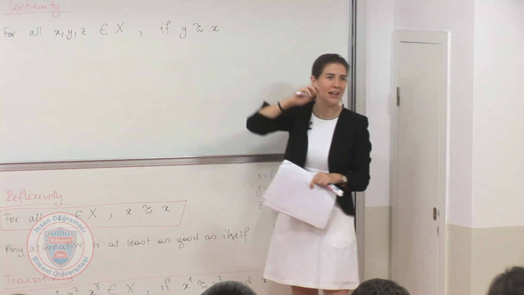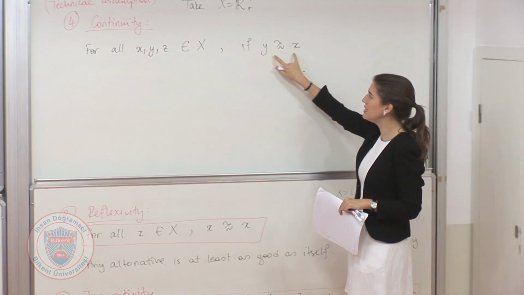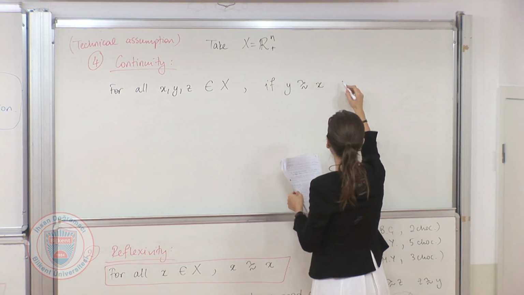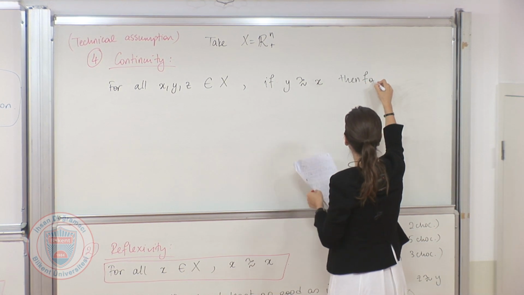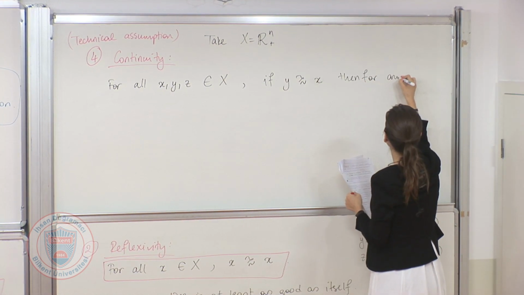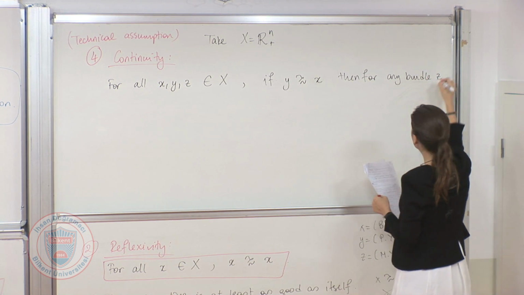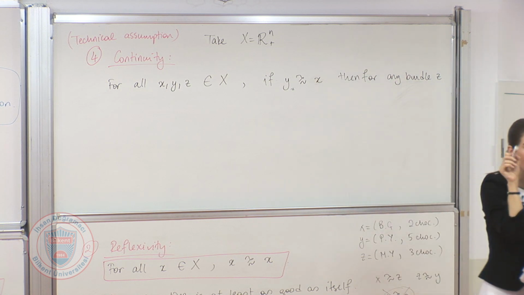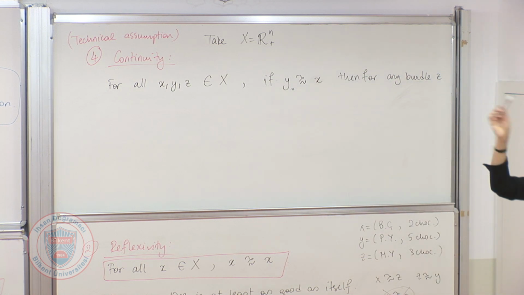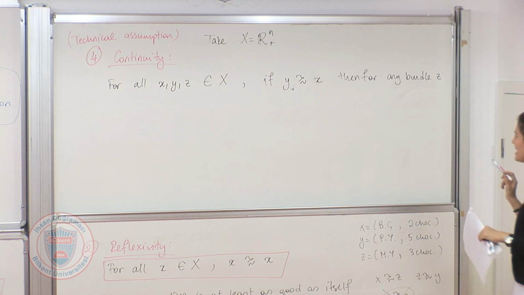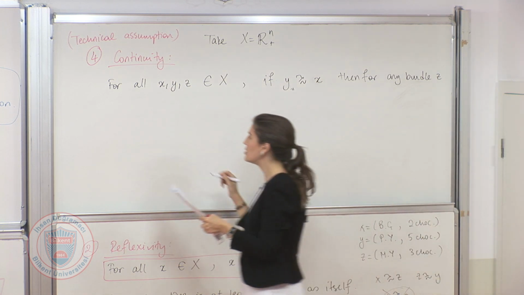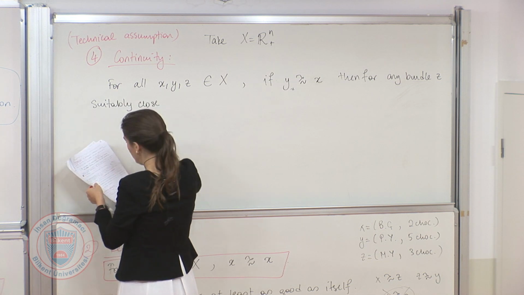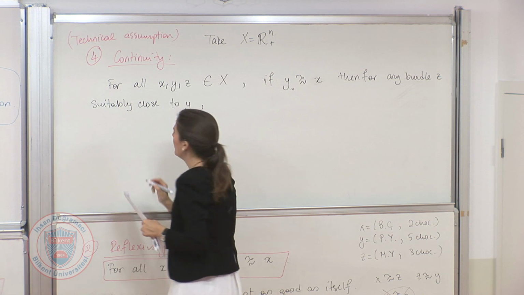But even if that is the case, if y is at least as good as x, then for any bundle z which is very close to y. Suppose I know that he likes y more than x, for instance, but then for any bundle suitably close to y, what do you think?